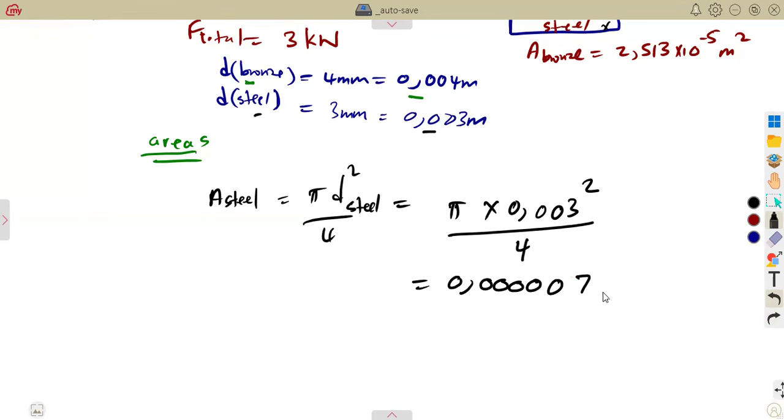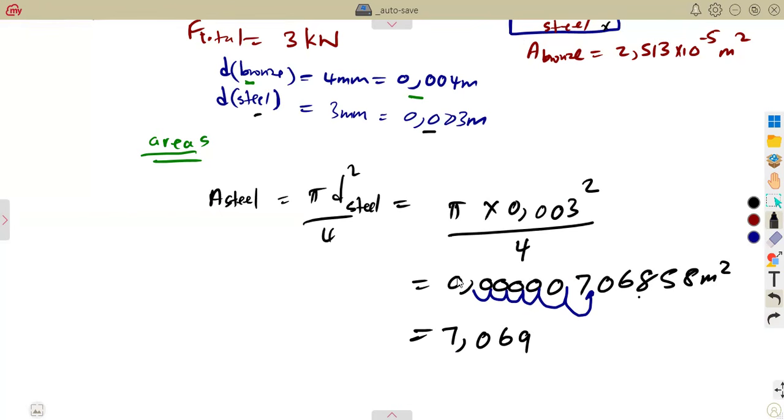There was 5, 7, 0, 6, 858 square meters. So you can just use, 1, 2, 3, 4, 5, until we get a whole number, 6. So that will be 7, 0, 6. The 5 is going to change into a 9.